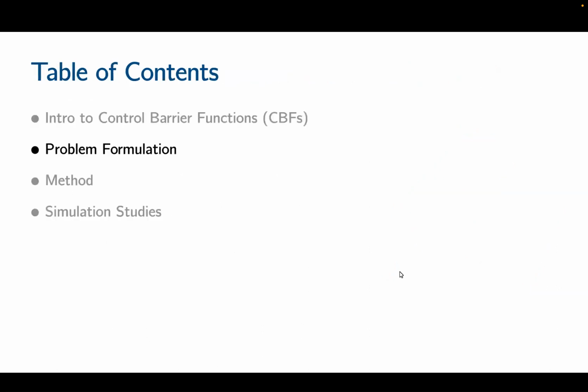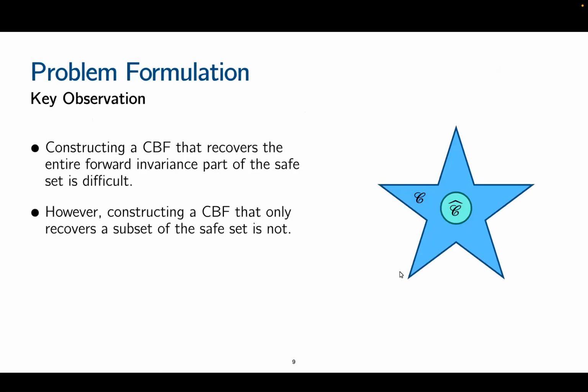Now we're going to talk about the problem formulation. It is well known that constructing a control barrier function that covers the entire forward invariant part of the safe set is very difficult. However, recovering only a subset of the safe set using a control barrier function is usually manageable, even if the control barrier function is handcrafted.